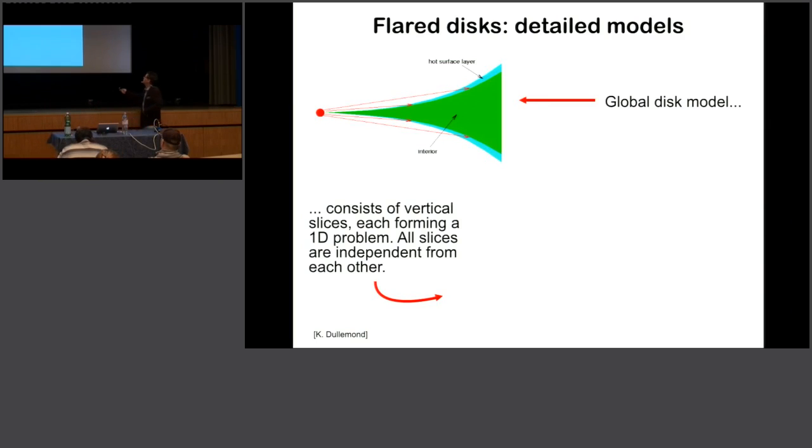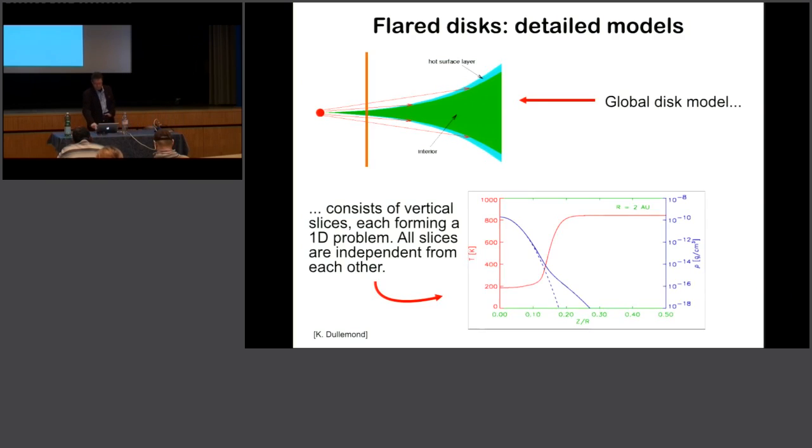You have a hot surface layer that is absorbing the stellar radiation, roughly speaking, okay? And then this hot surface layer is re-emitting at longer wavelengths, and half of the radiation is emitted toward the observer or outside the disk, and half of the emission is emitted inside the disk, and it is this secondary radiation that is heating essentially the interior of the disk.